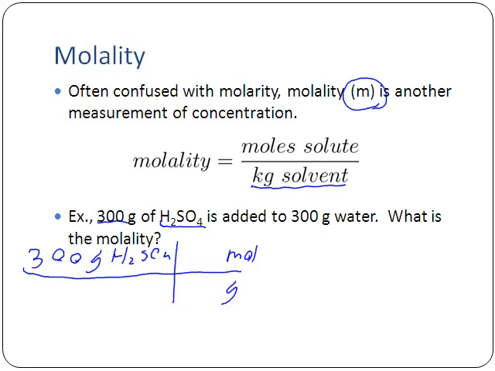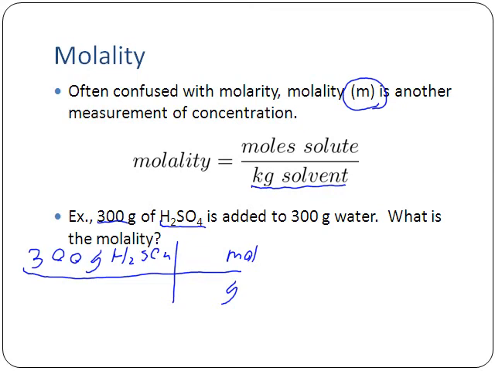Once again, break out your periodic table. We have 2 times hydrogen, which is 1.01, plus 1 sulfur. Looking at the periodic table, sulfur is 32.07, so plus 32.07, plus SO4, so we have 4 oxygens, so plus 4 times 16.